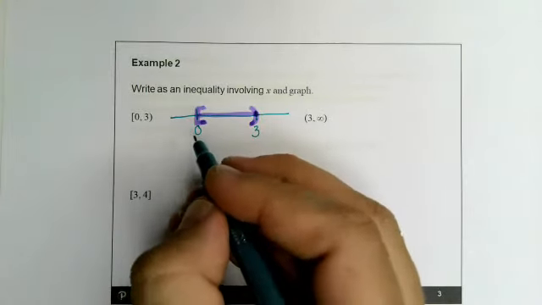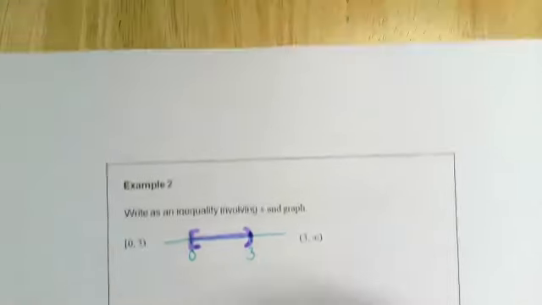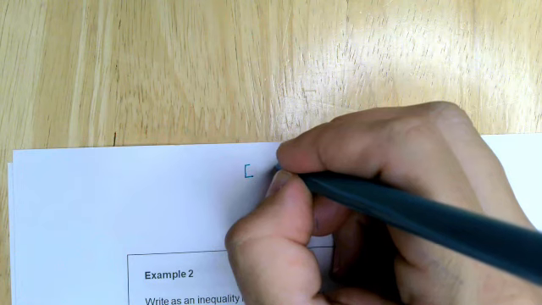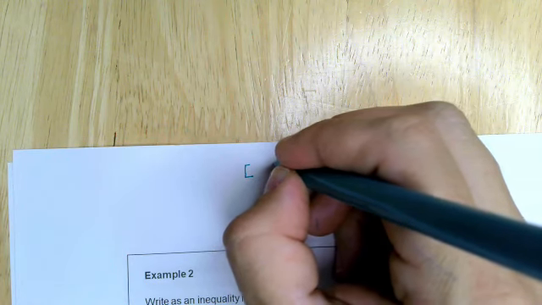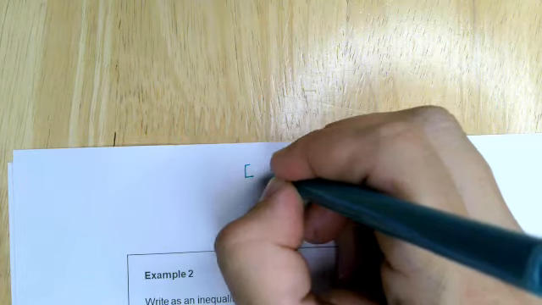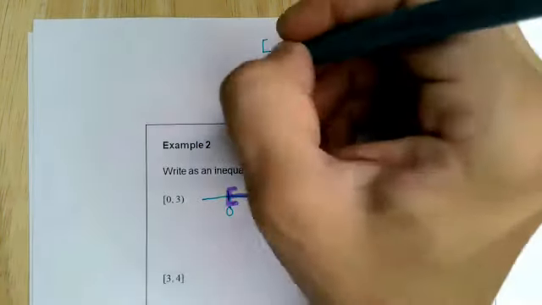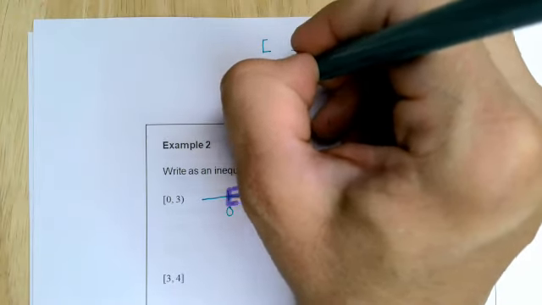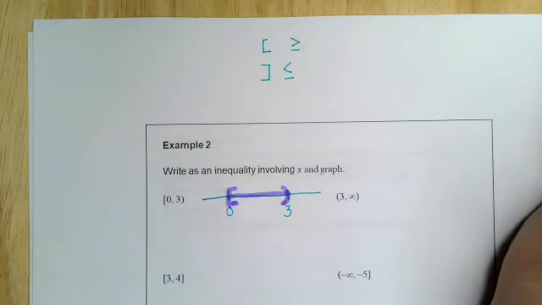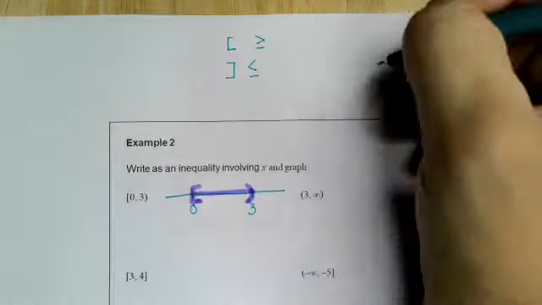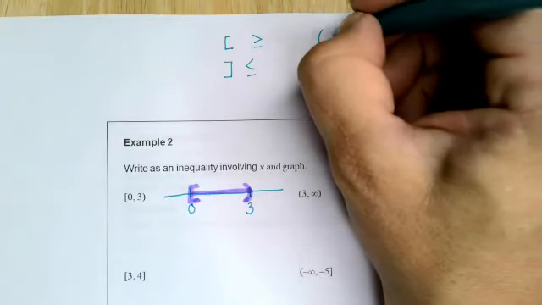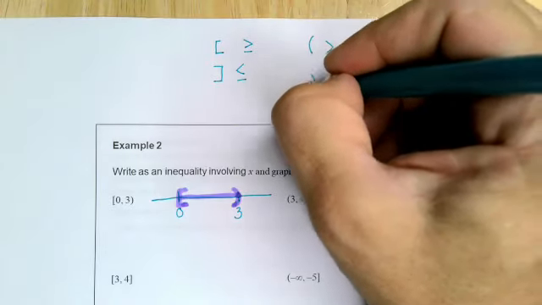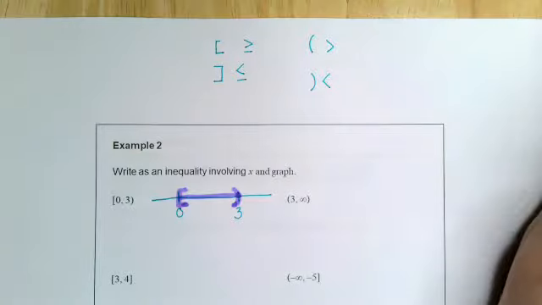The bracket means includes, right? So if I have a bracket, I'm going to say it is greater than or equal to. If the bracket's going this way, I'm going to say it's less than or equal to, right? If the parenthesis is going this way, it's greater than. If the parenthesis is going this way, it's less than, right?